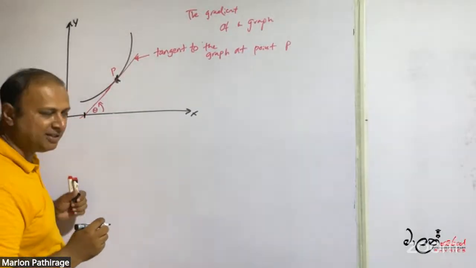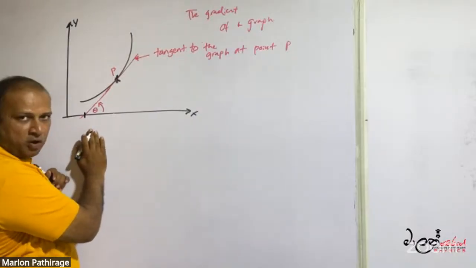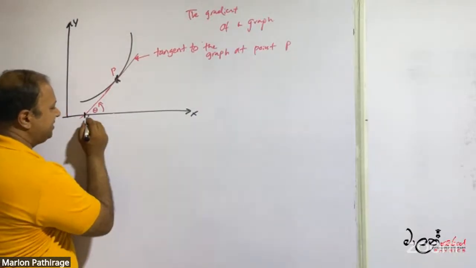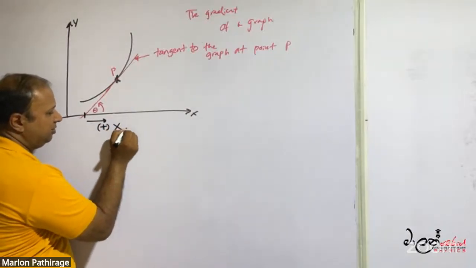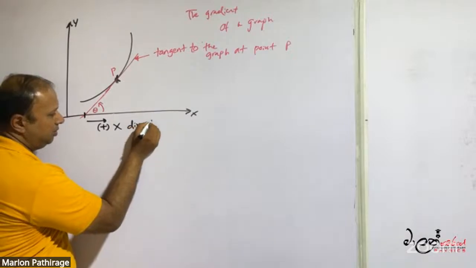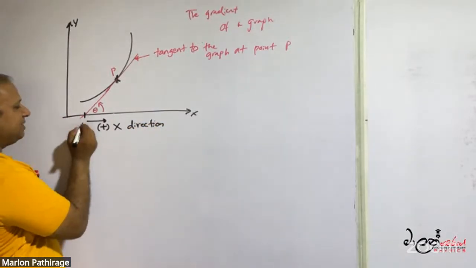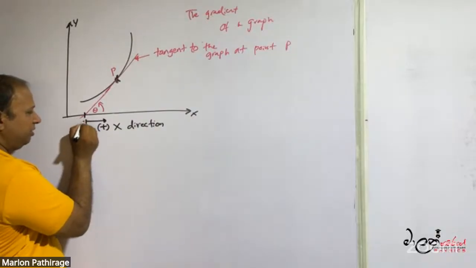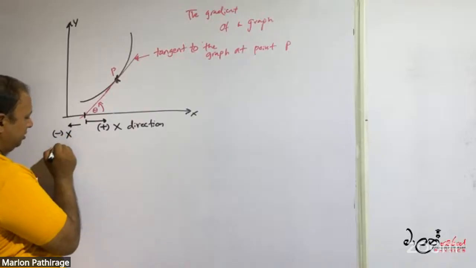This is the intersection point. With respect to this point, the right-hand side is called the positive x direction, and the left-hand side is called the negative x direction.